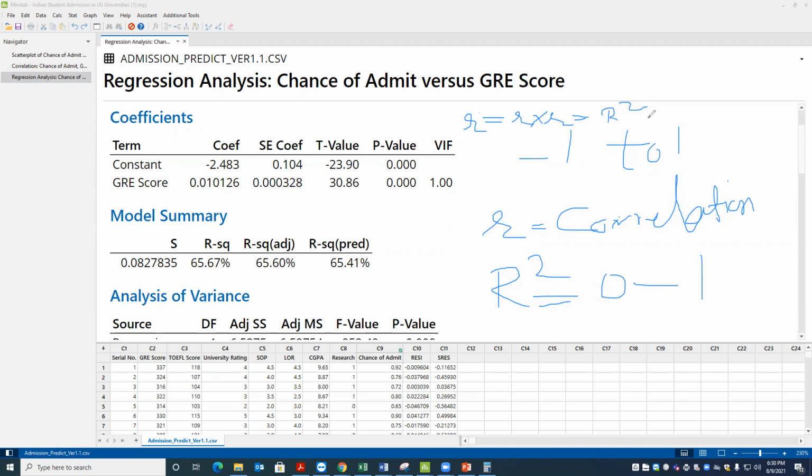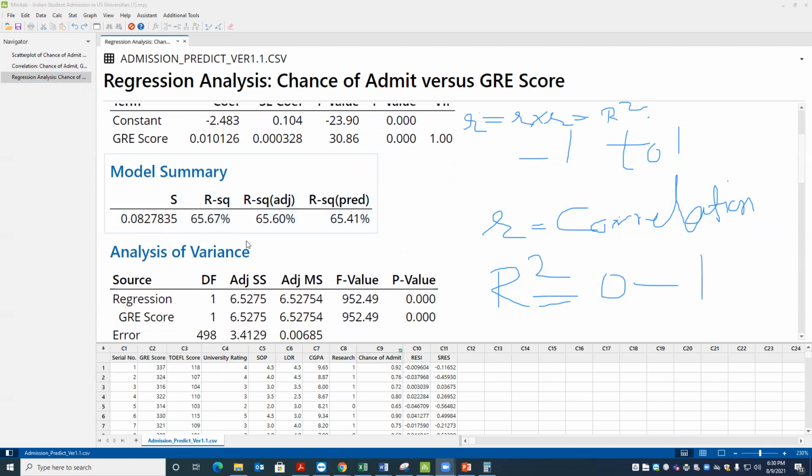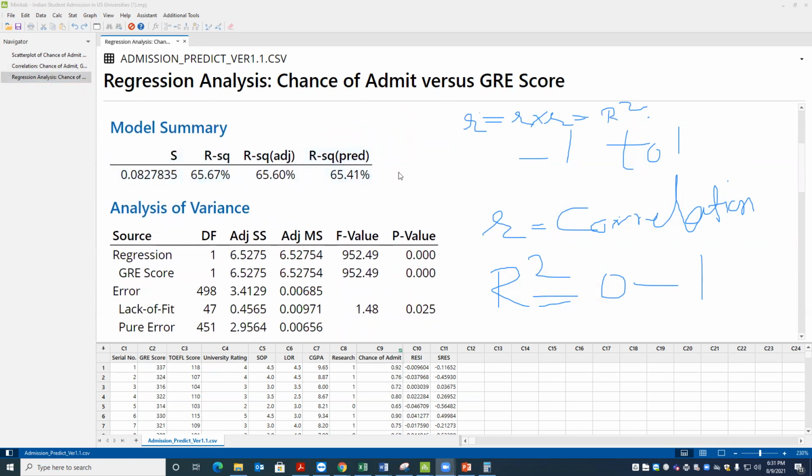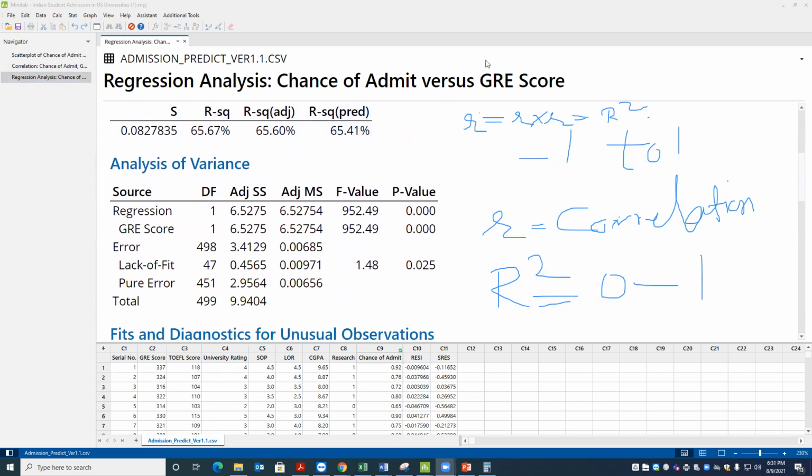This is the relationship between correlation and regression in simple regression. But in multiple regression, this is not the case. So just remember this until this module, or with this course. So we are good. Now let's go further.